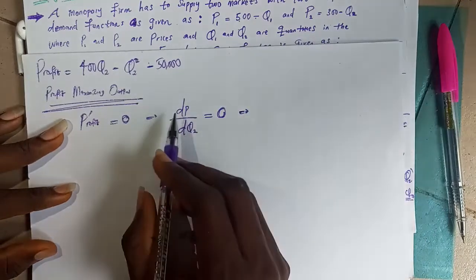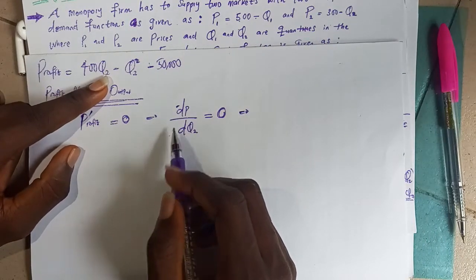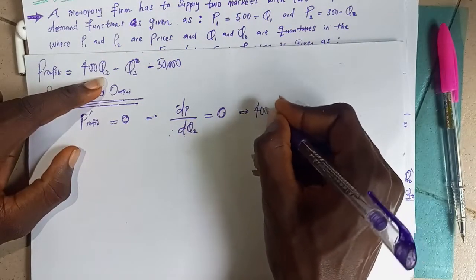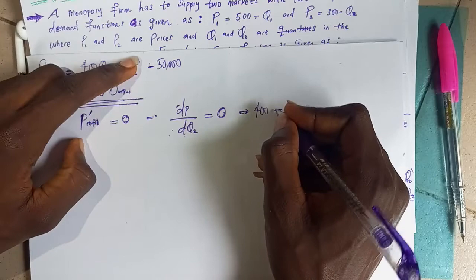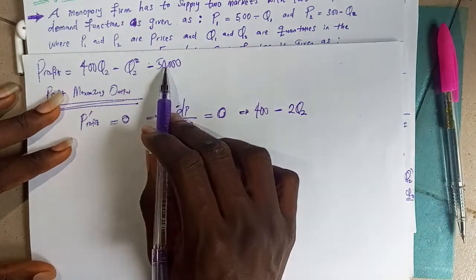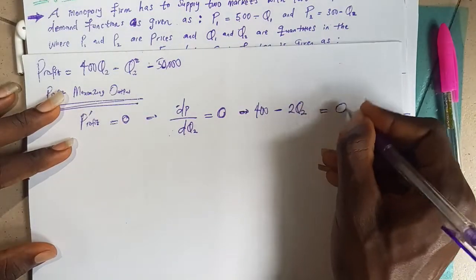On differentiating this profit with respect to the second quantity, 400 Q2 differentiates to just 400. Q2 squared differentiates to 2Q2. And finally, the 50,000 goes to 0. Remember that we are equating the derivative to 0.